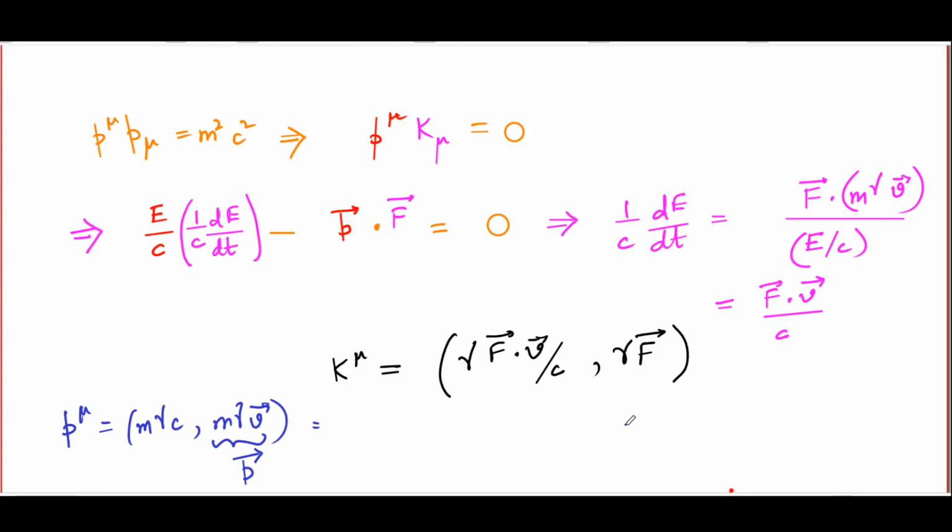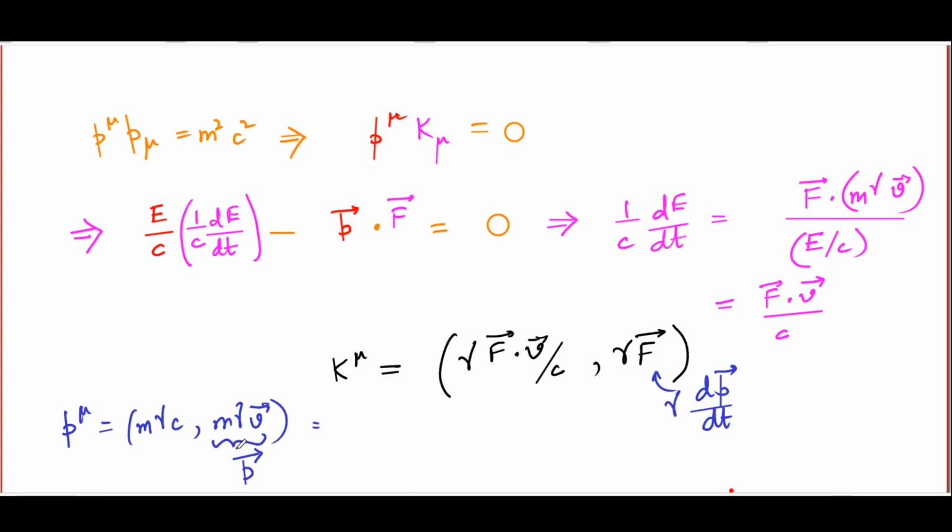We have not defined the 3-force to be the spatial part of the 4-vector K mu. We have defined the 3-force to be dp dt, so that the spatial part of the 4-force actually has an extra factor of gamma.